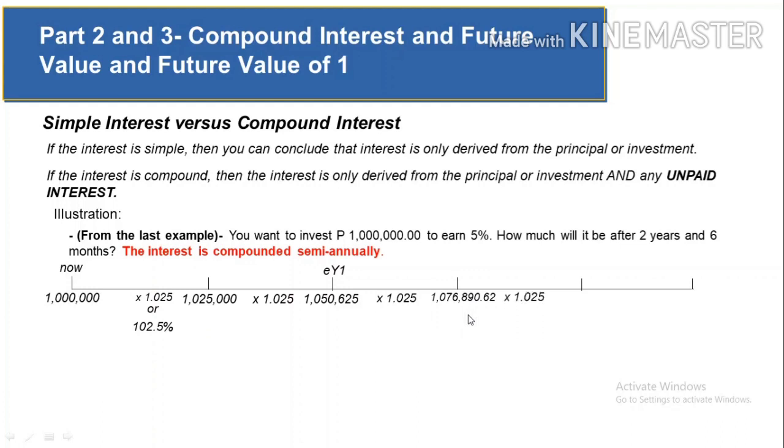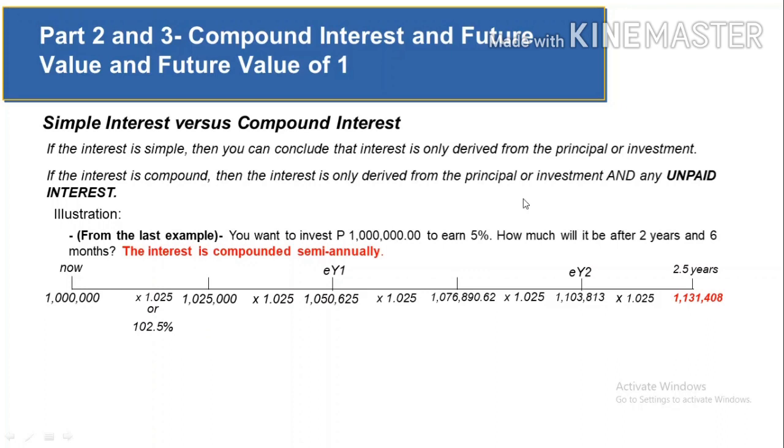You multiply that again by 1.025, you're gonna get at the end of year 2 1,103,813, and on the last period, or at the end of 2.5 years or 2 years and 6 months, your investment will be 1,131,408. Let's go now to the future value of 1.